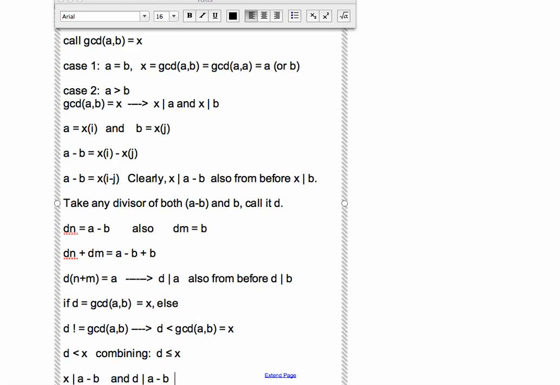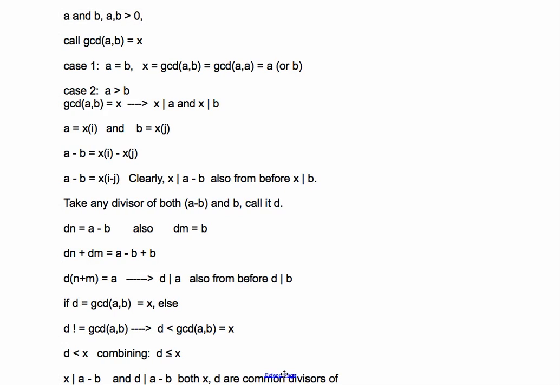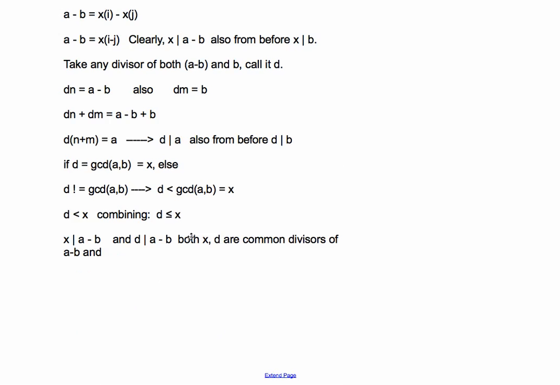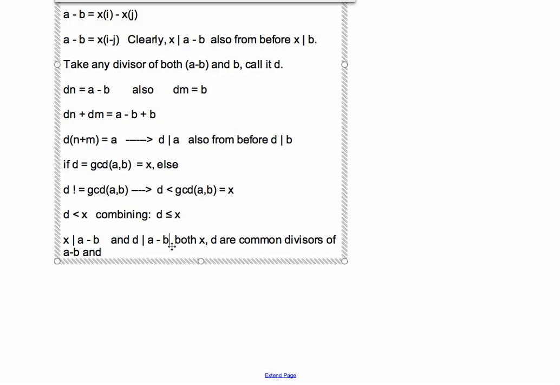So both X and D are common divisors of A minus B, and whoops, we are out of paper. There we go. Okay. Both X and D are common divisors of A minus B and B.